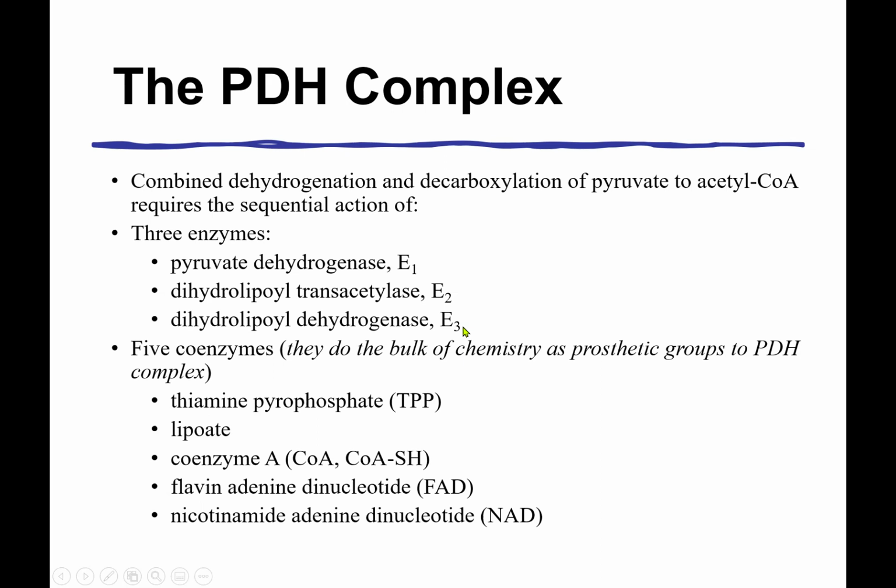So the 5 cofactors here, and in particular, these first 3, we're going to see, as mentioned, how important they are. We've got thiamine pyrophosphate TPP, lipoate, sometimes called lipoic acid, coenzyme A, abbreviated as CoA, and then we have our electron carriers, FAD and NAD.